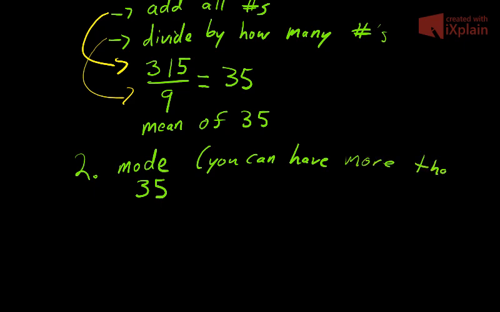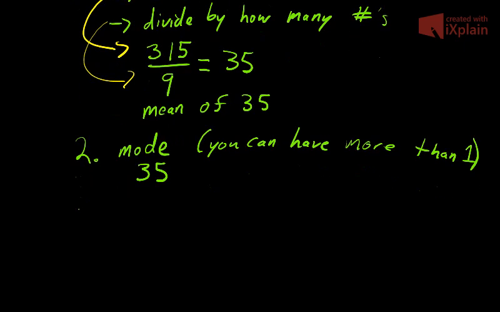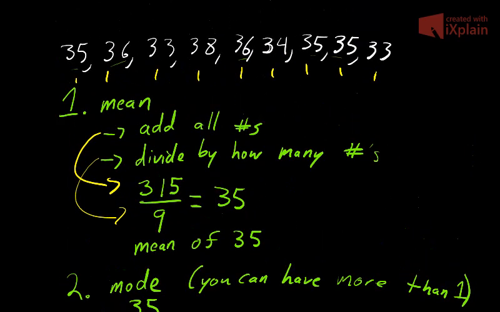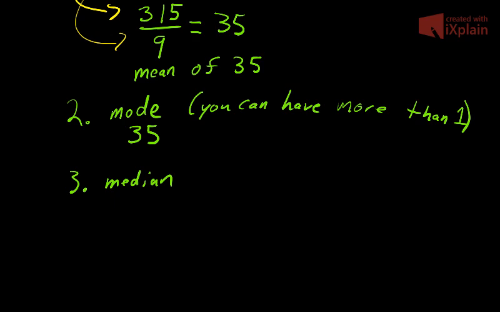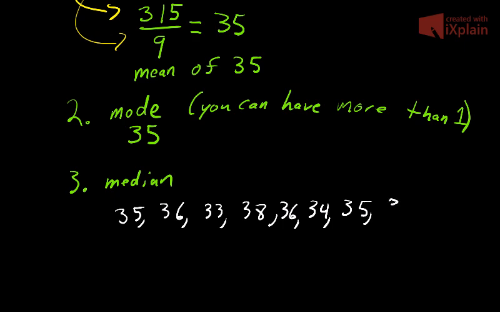So the last one we're going to work on is going to be the median. So number 3, the median, is going to be our middle number. So I'm going to write these numbers down again below so I can work with them. And those numbers are 35, 36, 33, 38, 36, 34, 35, 35, and 33.